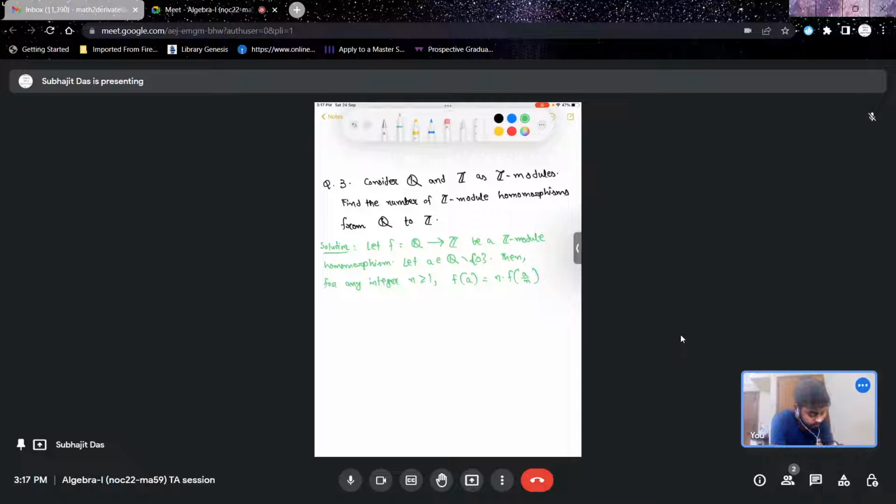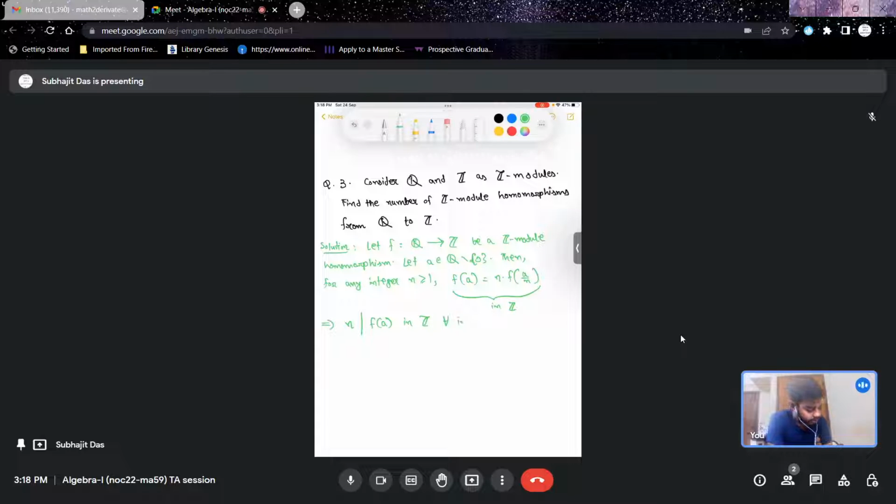This is an equation in Z because the target of f has been taken to be Z, right? Which implies that n divides f of a in Z for all integers n greater than or equal to 1, right?